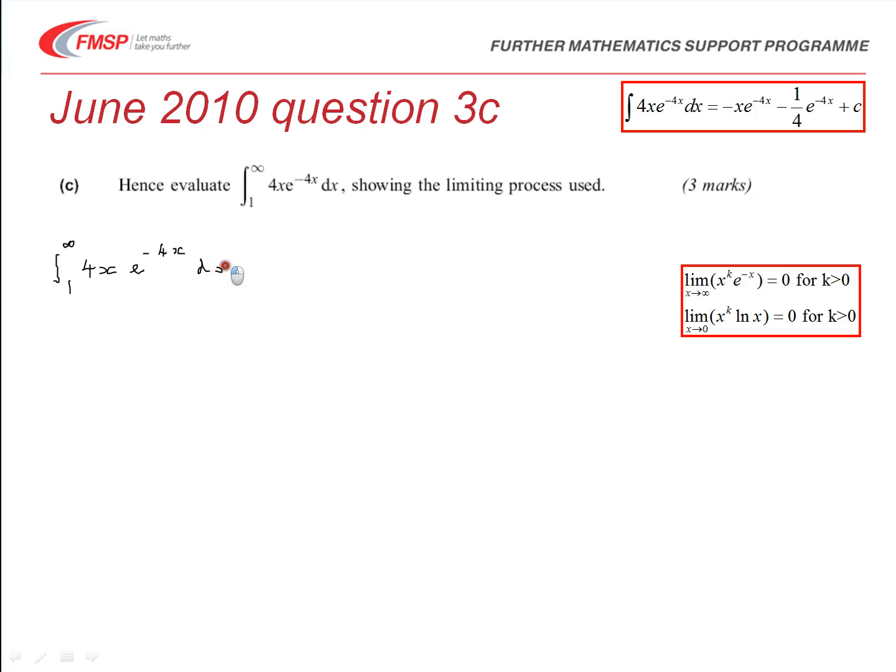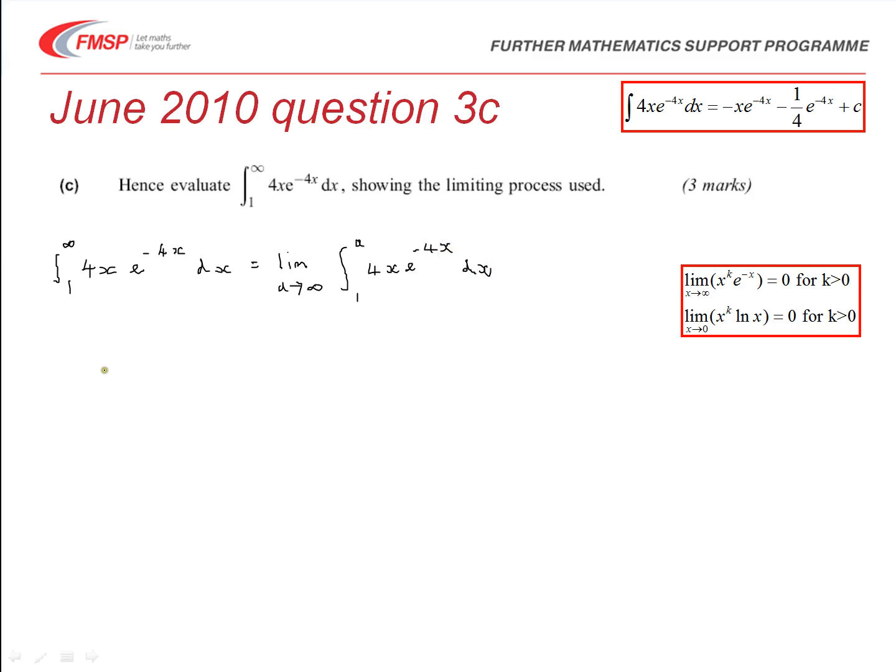We cannot evaluate an integral with an infinite limit, so what we do is we take the limit as a tends to infinity of the integral from 1 to a of 4x e to the minus 4x dx.